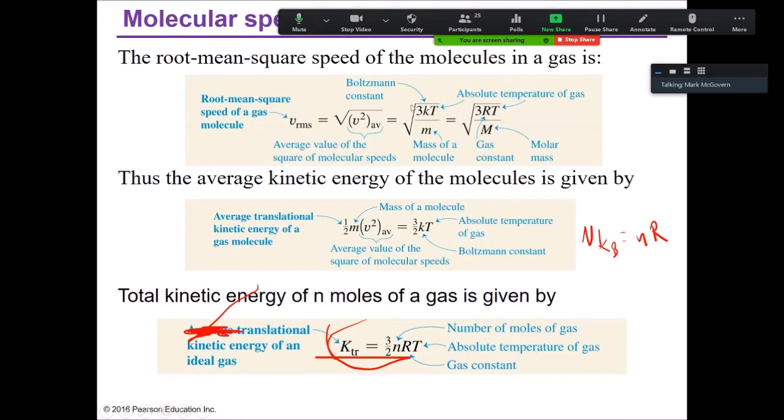Either one of these is fine, but I like to use the molar mass myself. The molar mass of nitrogen is 28. Hydrogen gas is diatomic, so it's 2. That's a factor of 14. What's the square root of 14? The square root of 14 is 3.74.